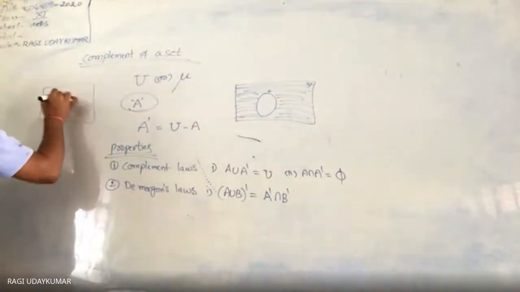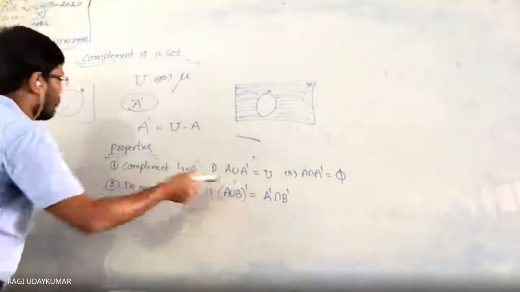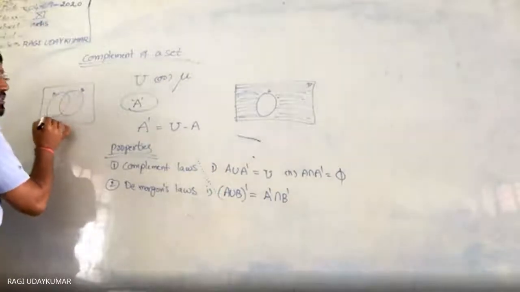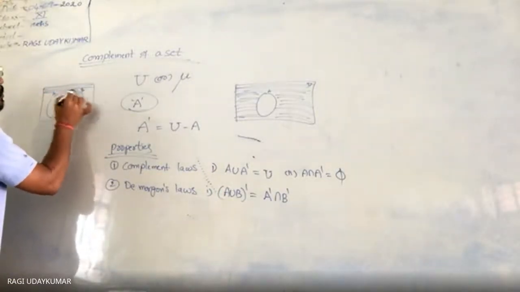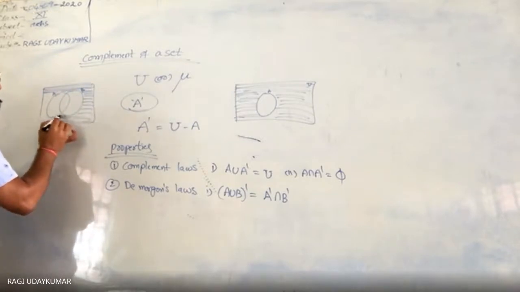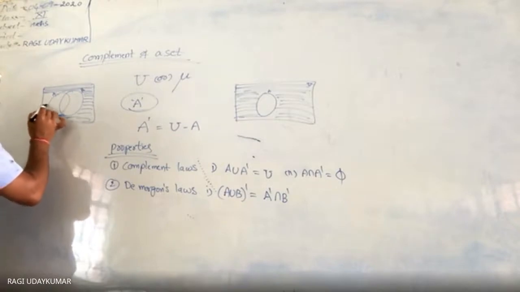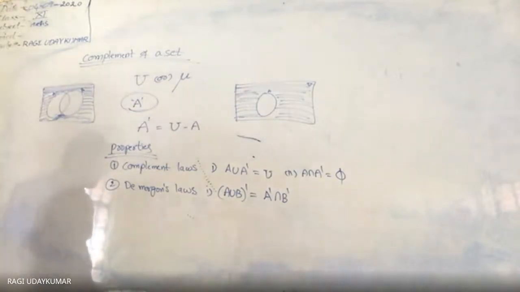If you see A and B here, A union B whole complement: A union B means the A and B parts, except this, the remaining part is nothing but A union B whole complement. This part is A union B whole complement.